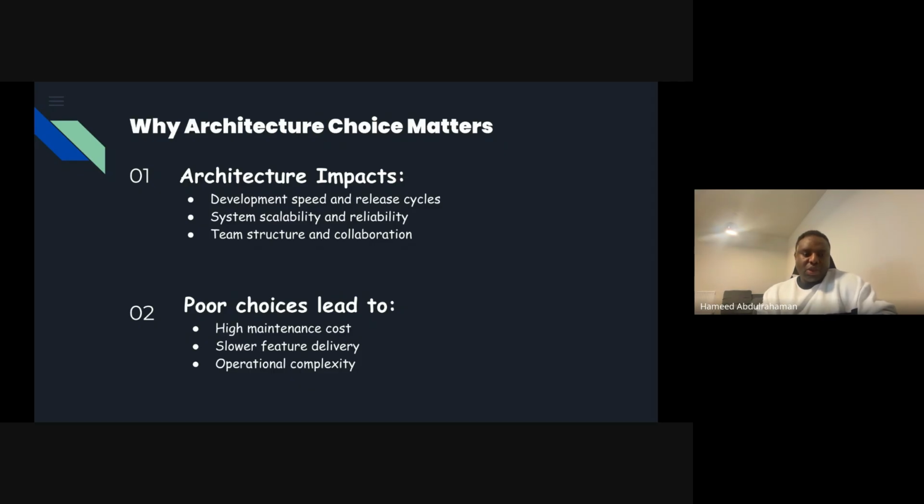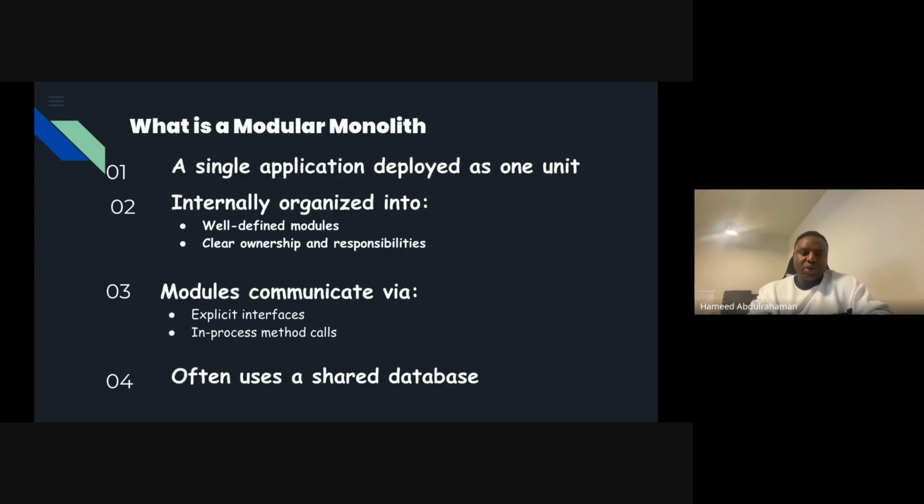So we would go more in depth into these architectural choices. When you talk about monolithic, you're thinking about a single application that's deployed as one unit, deployed together, like everything from the startup. Here you would have modules well defined, and also clear ownership responsibilities.